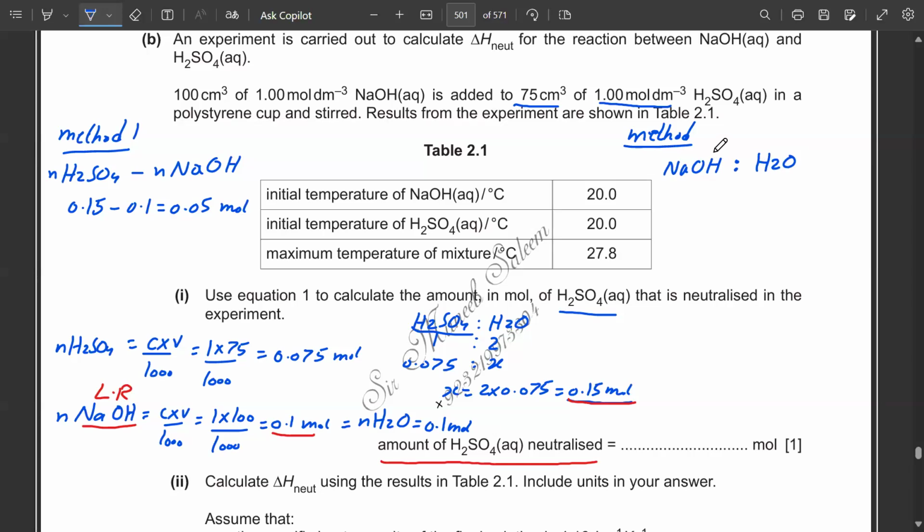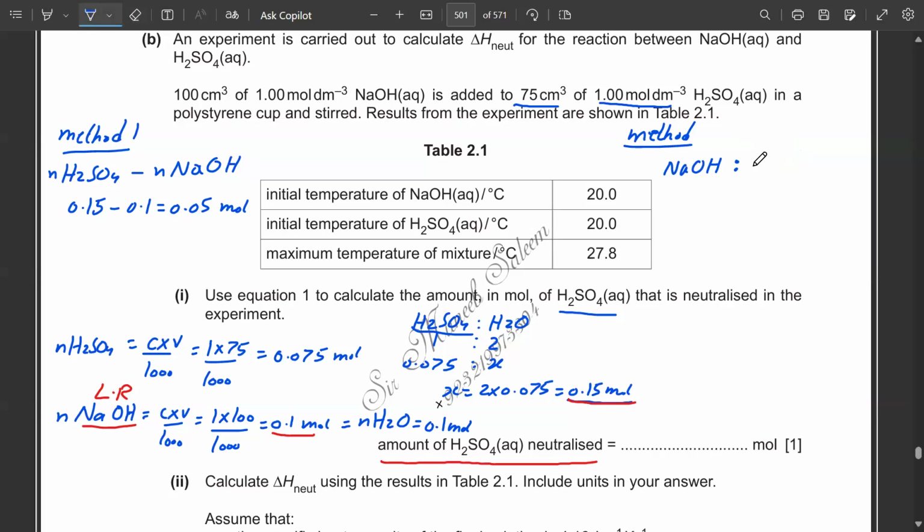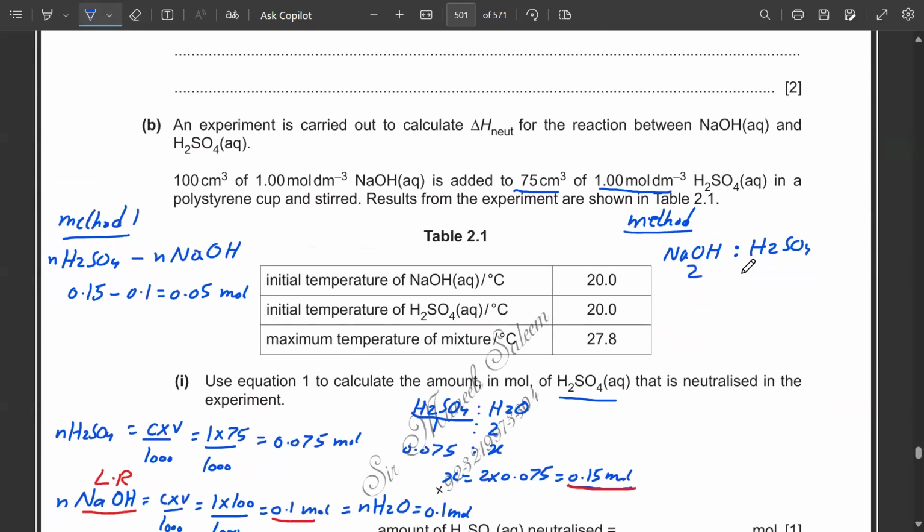So that will tell how much of the H2SO4 was neutralized. NaOH is compared with the H2SO4, not with the water, because they are reacting with each other, and we have to tell how much H2SO4 is neutralized with the NaOH. So the relation between them is taken from the equation: 2 moles of NaOH and 1 mole of H2SO4.